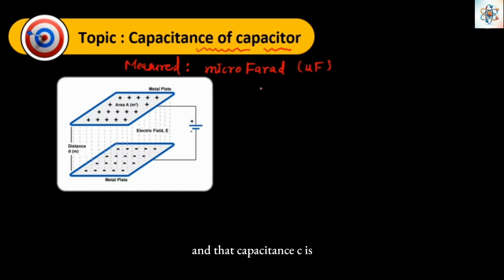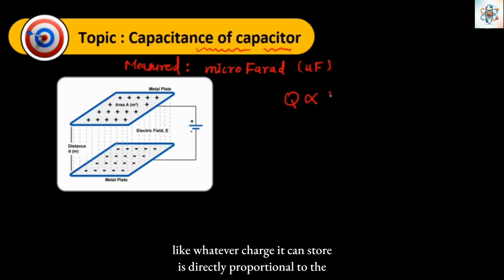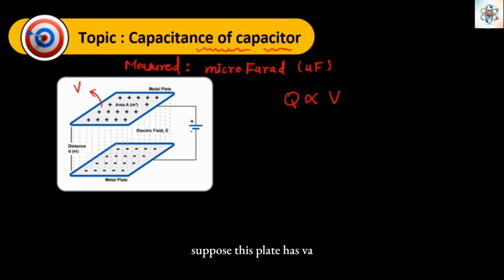And that capacitance C is calculated using the basic behavior. Whatever charge it can store is directly proportional to the potential that exists between the plates. Suppose this plate has VA potential, this plate has VB potential. So the charge which exists between these two plates is directly proportional to the potential difference of these two plates. Are you getting this point?